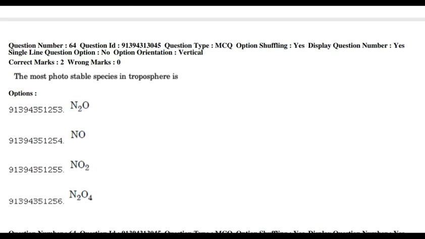The most photostable species in troposphere is nitric oxide.